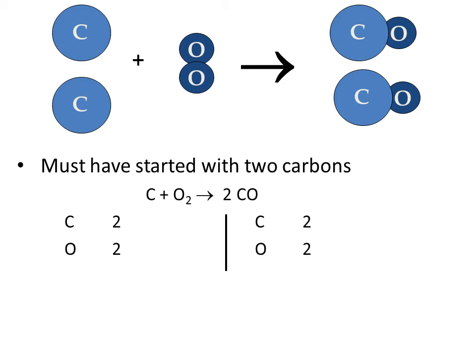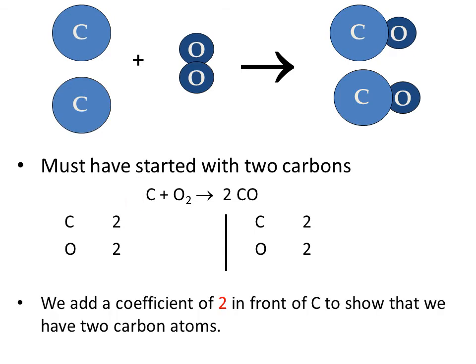So we're balanced, but we're missing something up here in our chemical equation. We're missing that coefficient. So remember, we have to add the coefficient of 2 in front of the carbon to show that we actually have 2 carbon atoms. So we bring that 2 in front. And now, if we check, we've got 2 carbon atoms on either side. We've got 2 oxygen atoms on either side.